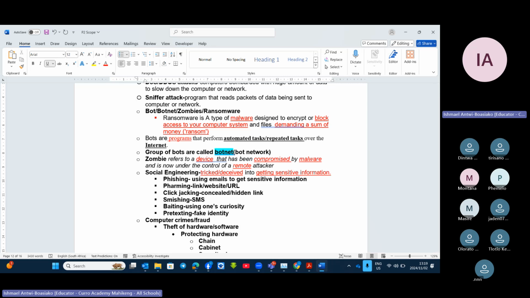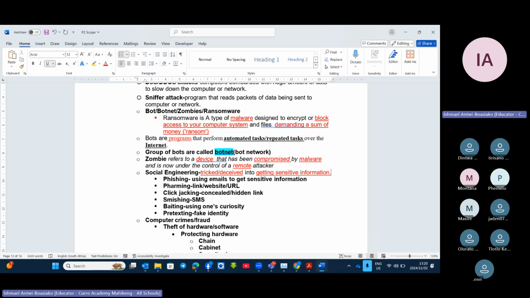Mostly criminals deceive people so that they can get their sensitive information like their password, their bank card, their PIN, and others. The term used for such a process is social engineering. So please identify the keywords in defining social engineering: you are deceived into giving sensitive information.